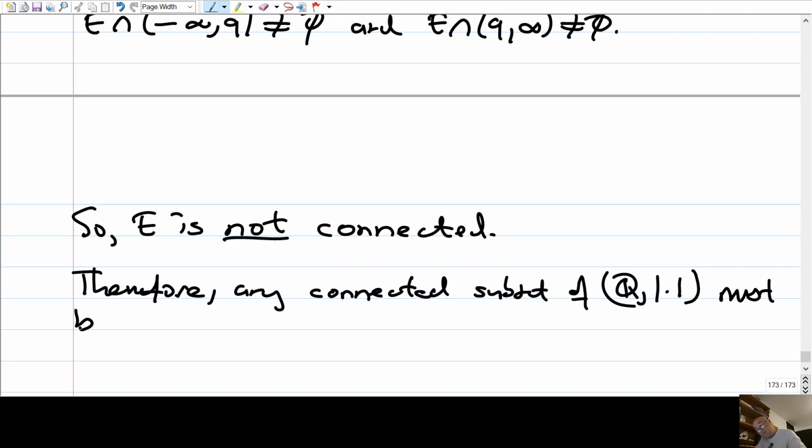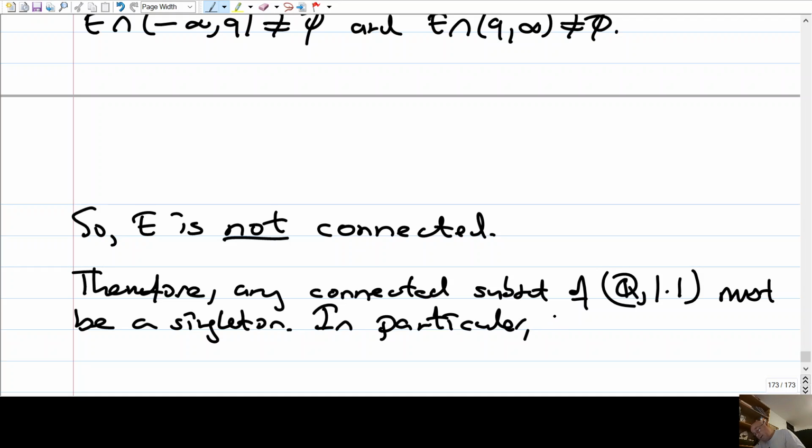Therefore, connected components of Q are just singletons. In particular, E_x is just {x}, the connected component.